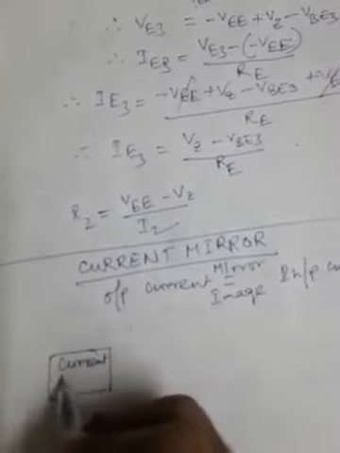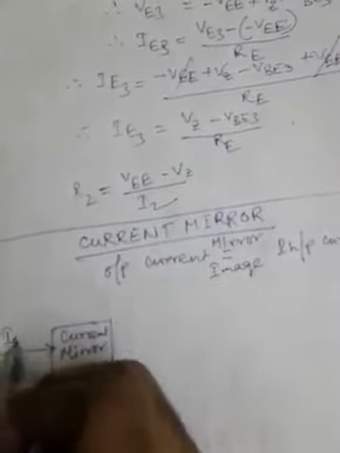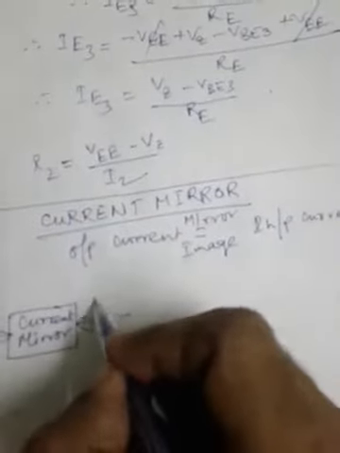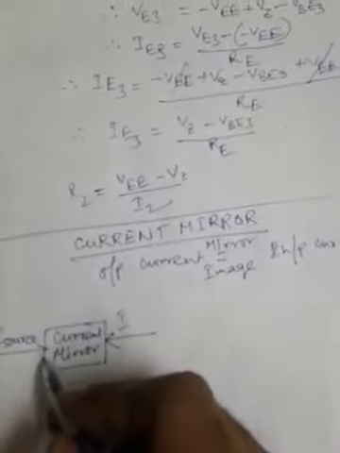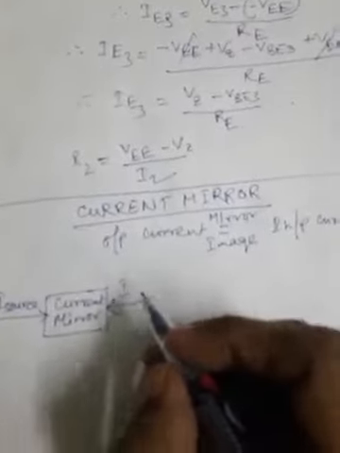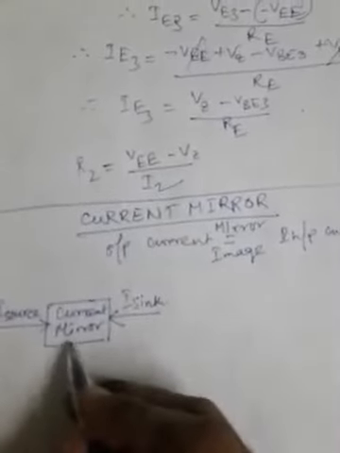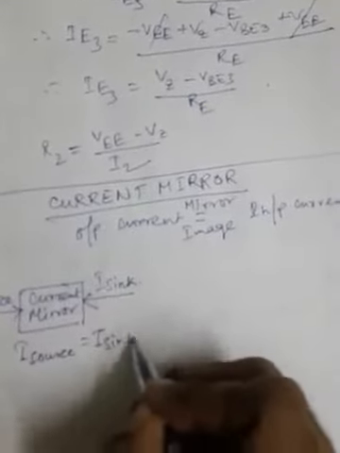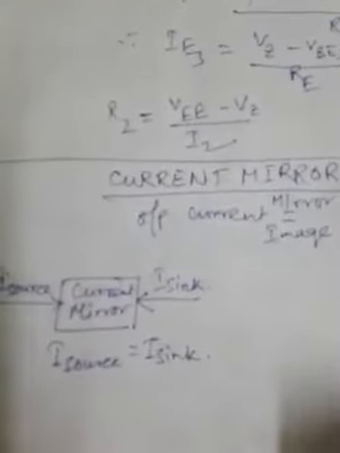If this is the block of the current mirror circuit, and the input current through one port is denoted by I source, and through the other port it is I sink, then if it is a current mirror circuit, I source should be equal to I sink. Okay, now let us see the diagram for the current mirror circuit.